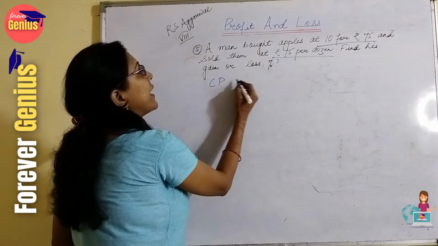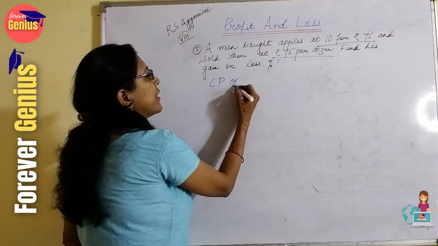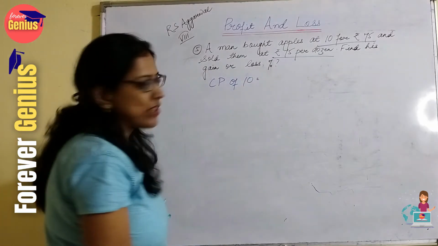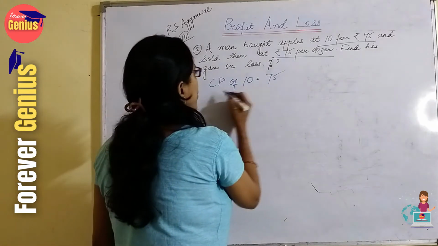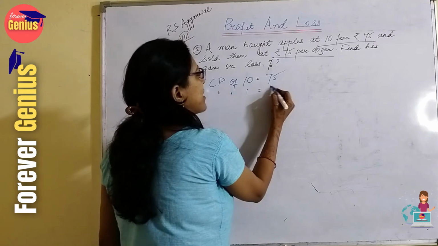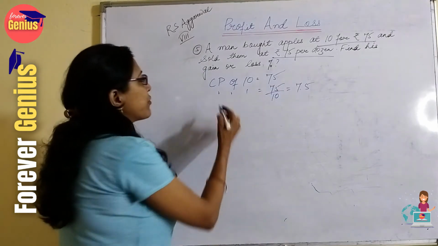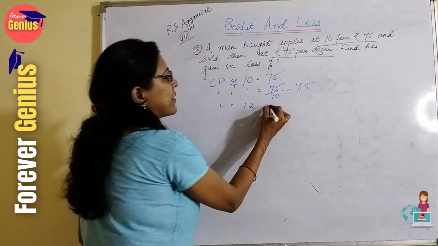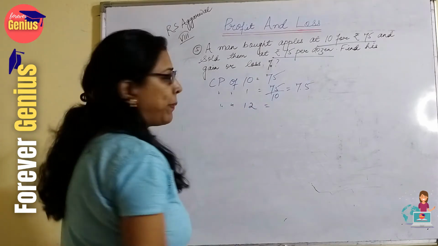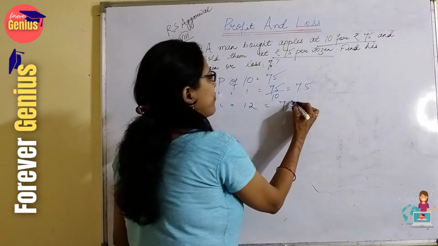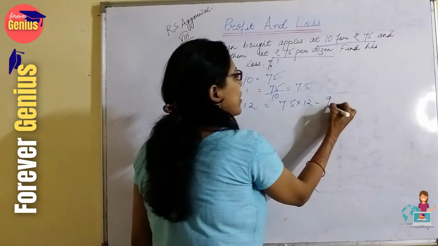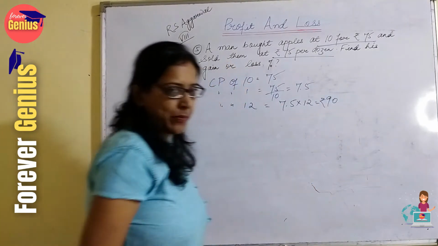So cost price of 10 apples is equal to 75 rupees. So cost price of 1 will be 75 by 10. So cost price of 12 pieces, in 1 dozen there are 12 pieces. So 7.5 into 12 is equal to 90 rupees.